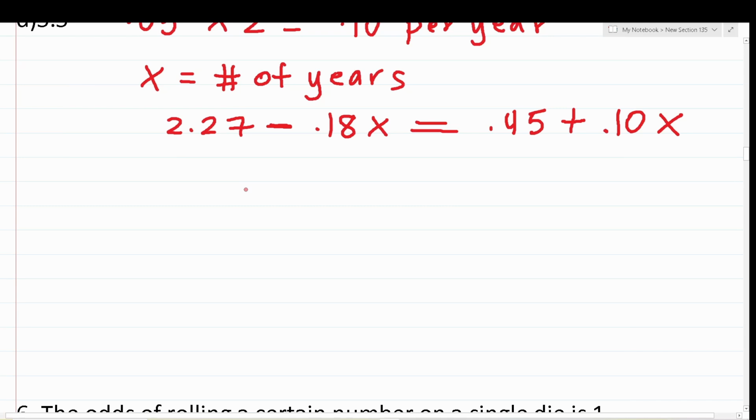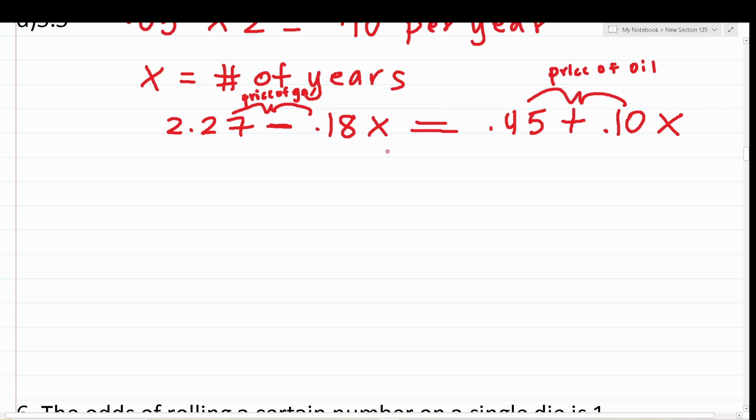By solving this equation for x, we'll know exactly when the price of gas will be equal to the price of oil. All right, so all we have to do is solve for x.